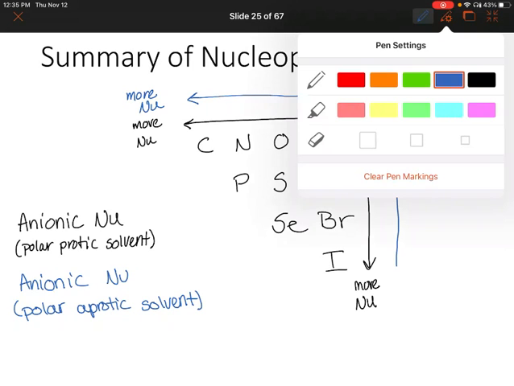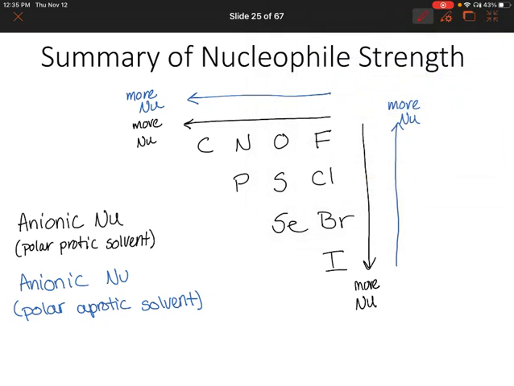Okay, now what about neutral nucleophiles? So I'll make it easy. Neutral nucleophiles follow the same trends as polar protic solvents.